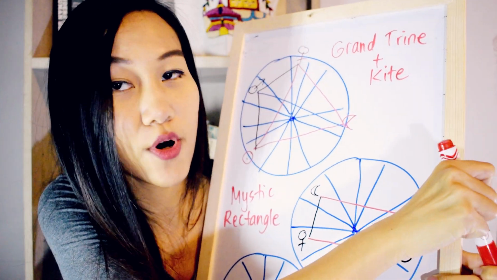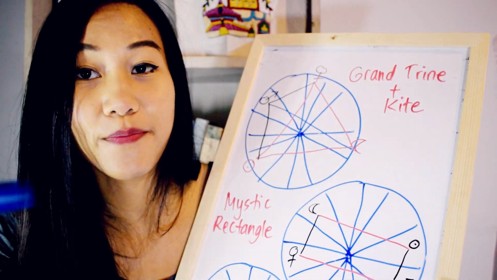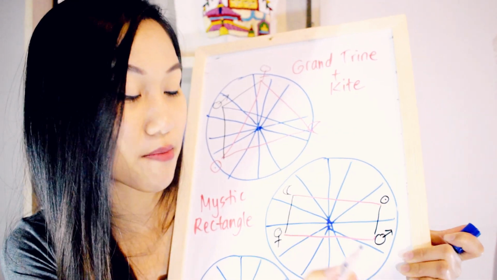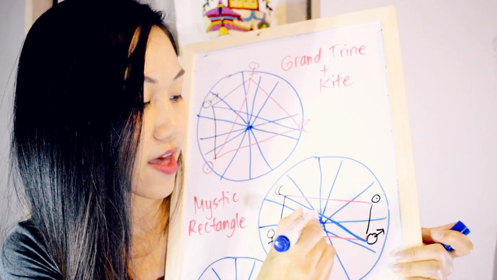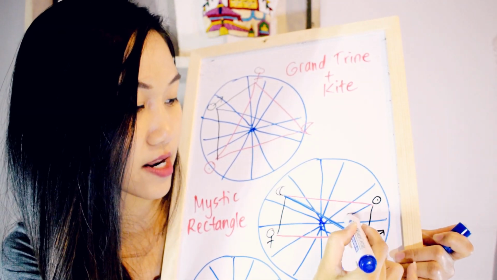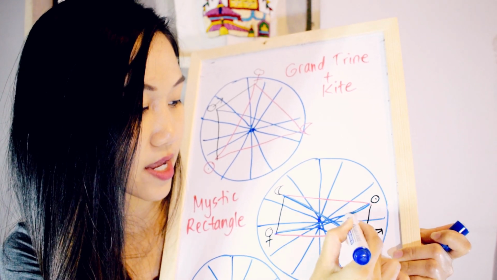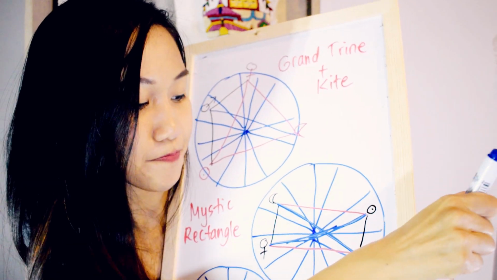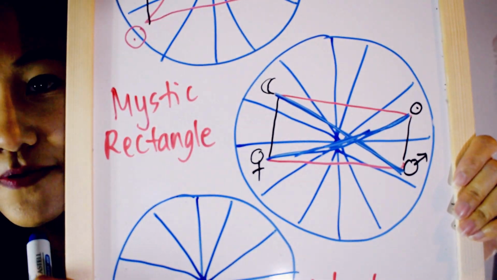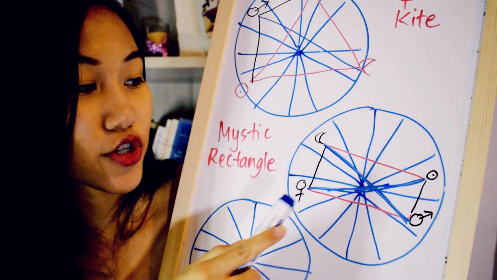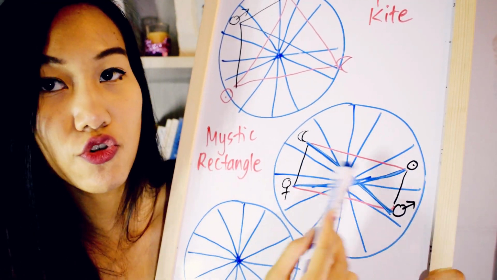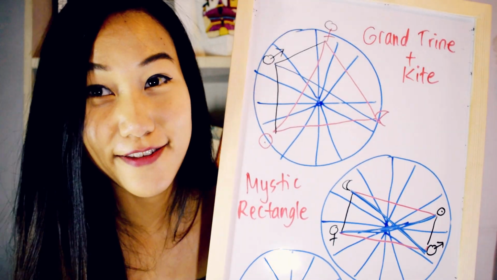But we're also going to have the Moon and Mars making an opposition, and the Sun and Venus making an opposition. So it's going to look like 2 sextiles, 2 trines, 2 oppositions.